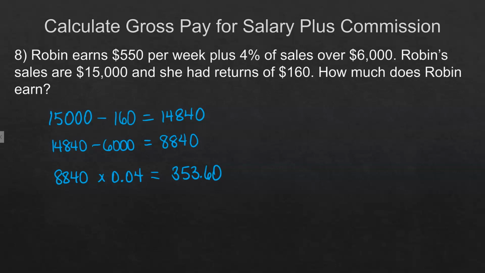And that means we're going to add her salary because a salary doesn't go against the commission. It's not an advance. It is the amount of money that you'll make, and then anything you sell gets added to that, which is where you can make more money. So you basically add those together, right? And then that is how much she earned for the week, right? $903.60.